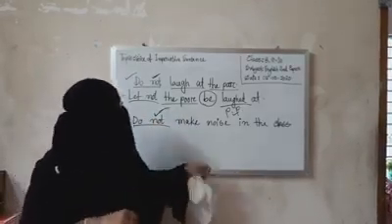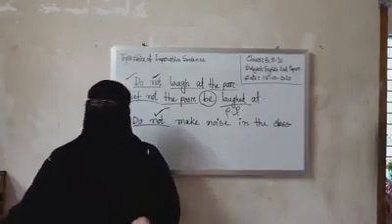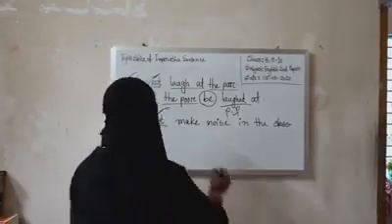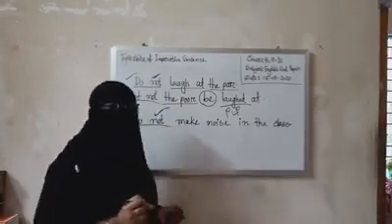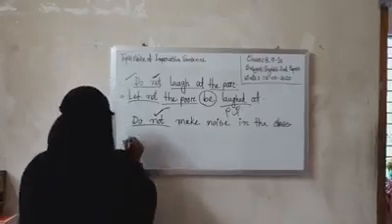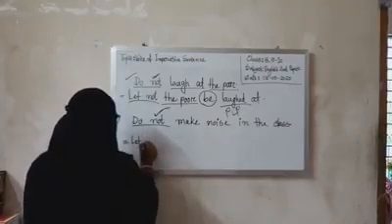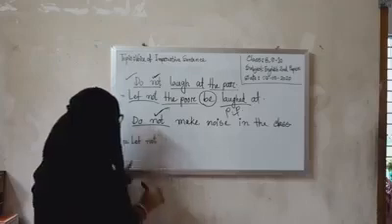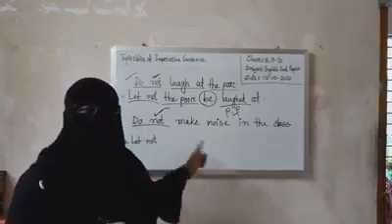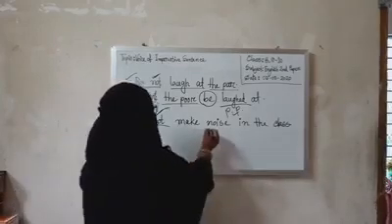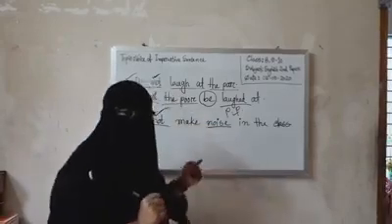Do not make noise in the class. Do not. So what should we use? We have to use "let not". At first, we have to use "let not". Then, immediately after that, we should use the object of the sentence.